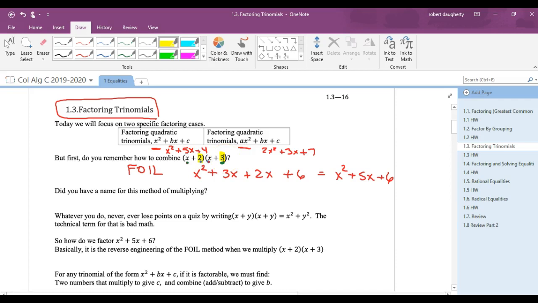Okay, so if you need to write FOIL down, some people do it where they have things like this. Some people will write x plus 2 times x plus 3, and they'll do something like this. The first two terms get multiplied, the outside terms, the inside terms, and then the last terms.